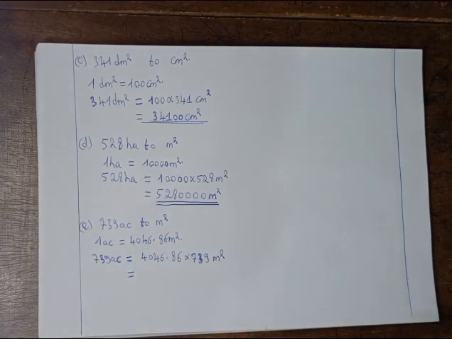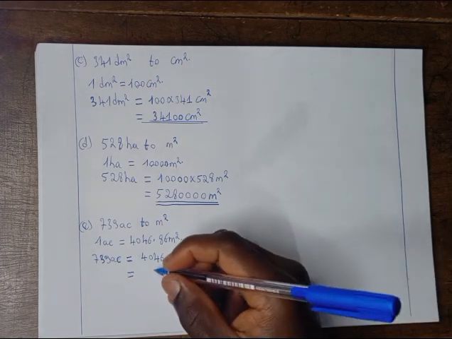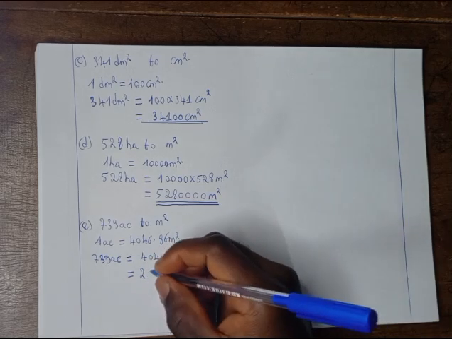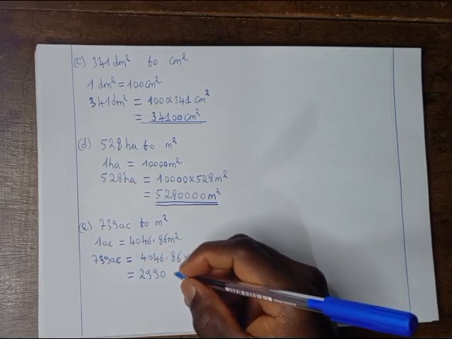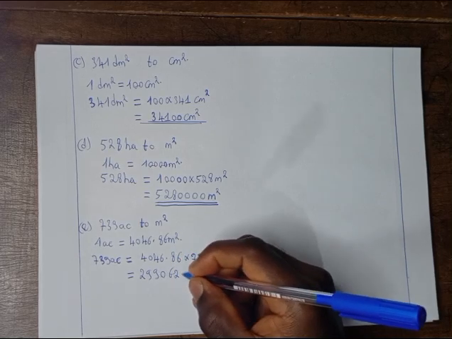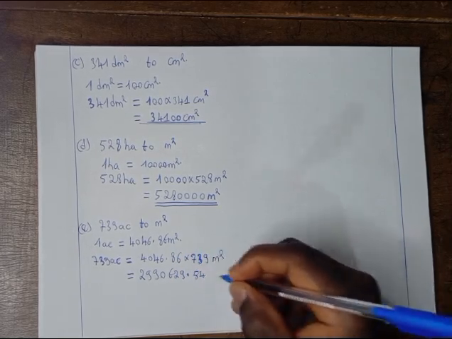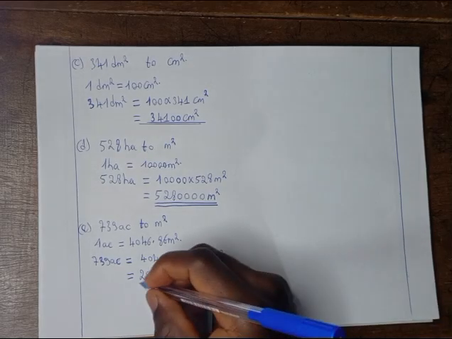So this will give us, let's perform the multiplication. We have 4,046.86 times 739. This will simply give us 2,990,629.54 meters squared.